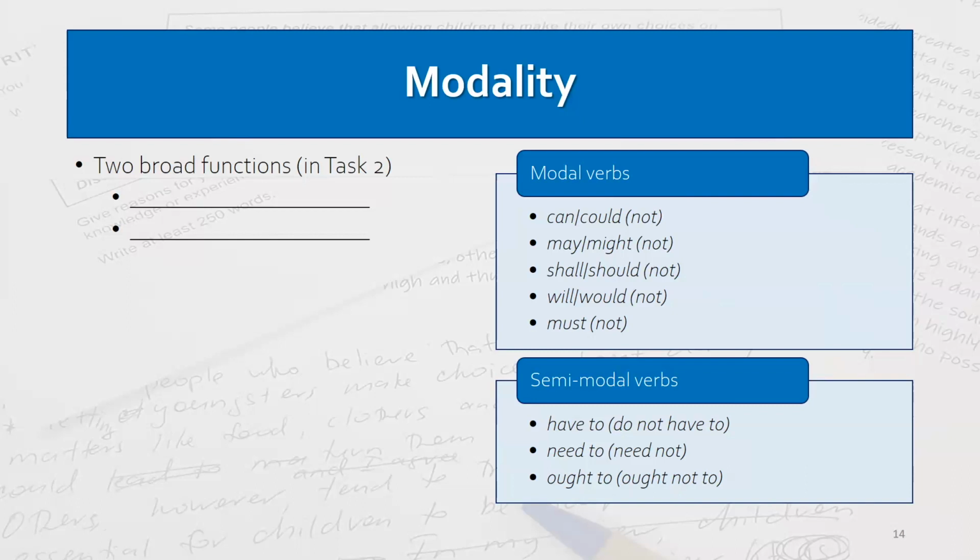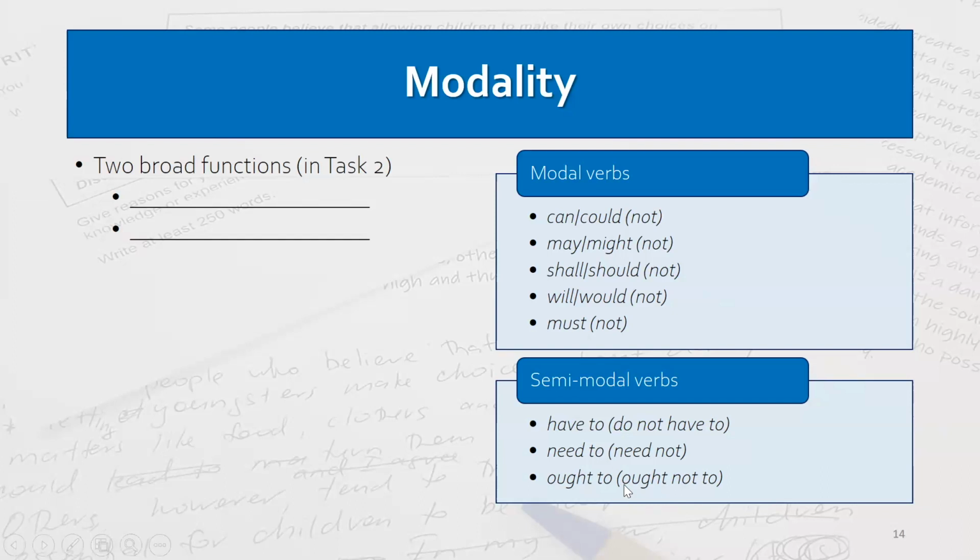And I'm sure you have learned these words in primary school and you have revisited them a lot of times in secondary education, right? Words like can and could, or must, or have to, or ought to, right? And I'm sure your previous English teachers have told you, okay, we have to use the bare infinitive after these words, right?